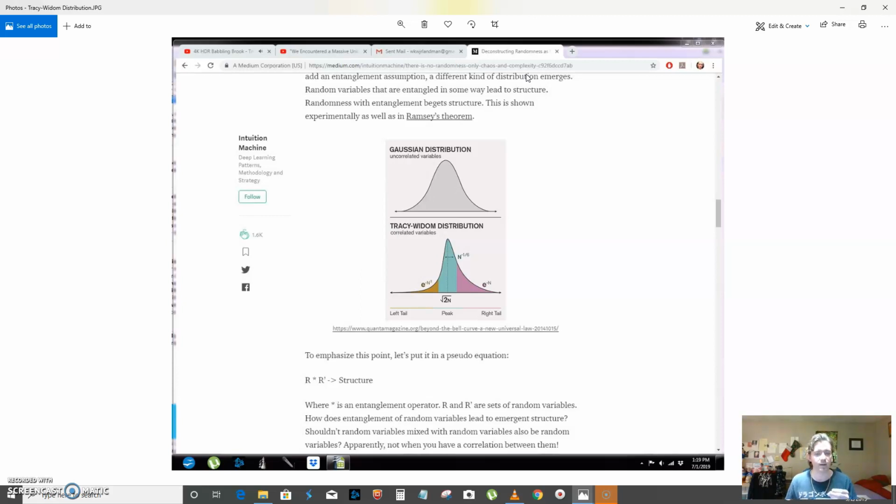And in terms of the skewed distribution of possibilities, the skew is in the direction of the entanglement, in our case, the standard.